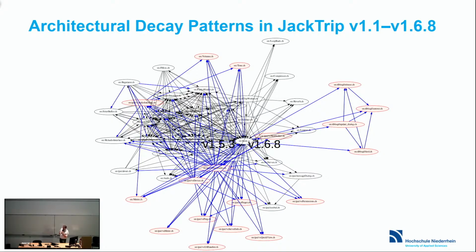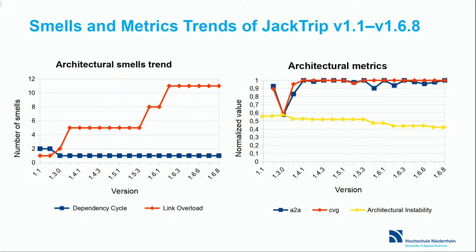We can better understand if the growing complexity impacts software principles like loose coupling and high cohesion by using metrics and smell detection. In the left-hand diagram, two surges of link overload smells can be noticed during the transition from version 1.5.3 to 1.6.0 and 1.6.1 to 1.6.2.